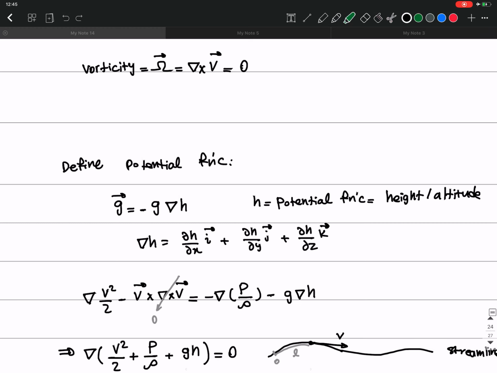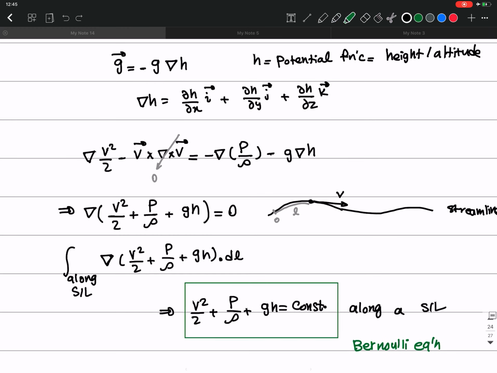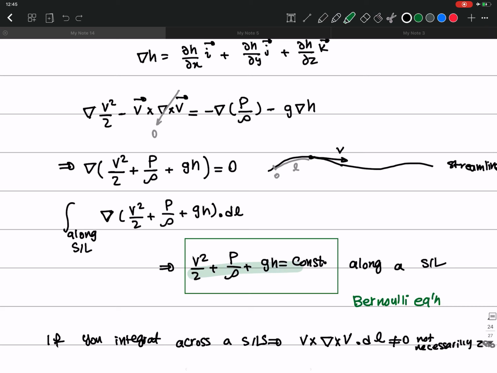Then by defining a potential function, we were able to show this is valid. And if you take an integral over the streamline of the flow for this gradient dot dl, you can show that this expression is valid, which is what we call the Bernoulli equation.